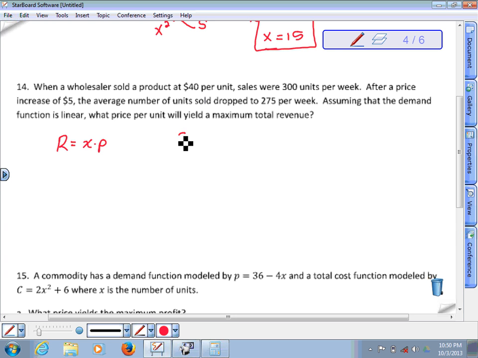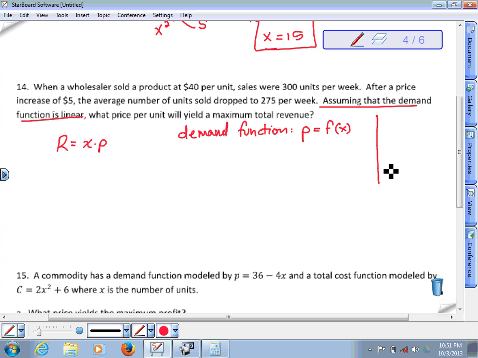The demand function is lowercase p, and it's a function of x, where x is the number of units. And if we assume that the demand function is linear, that means it's going to be a straight line with a slope.